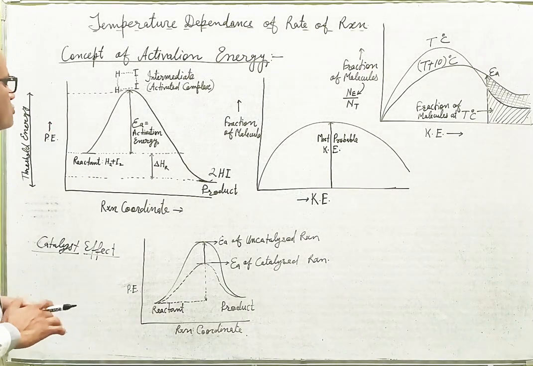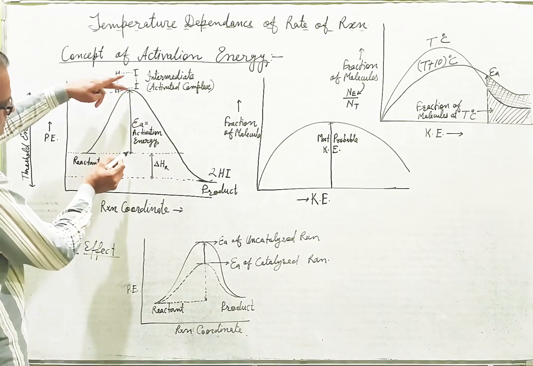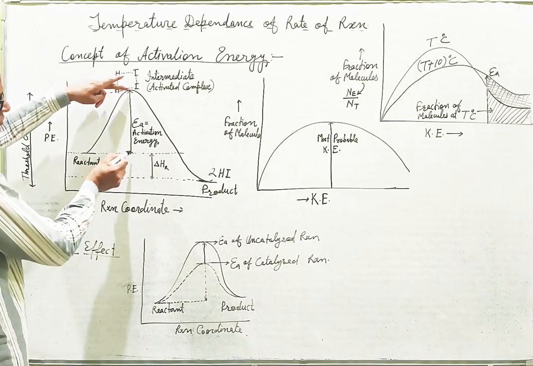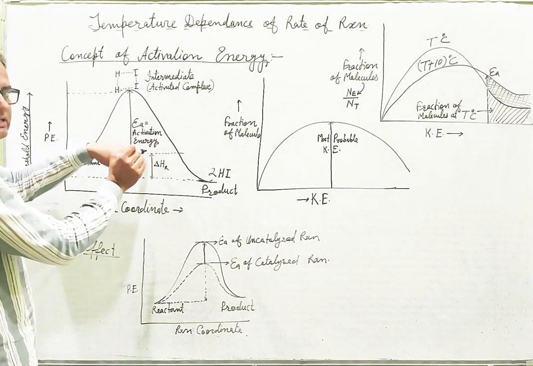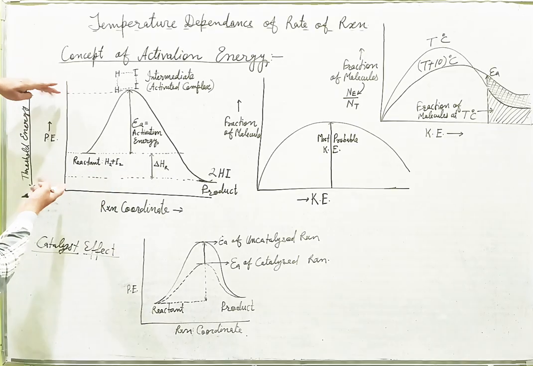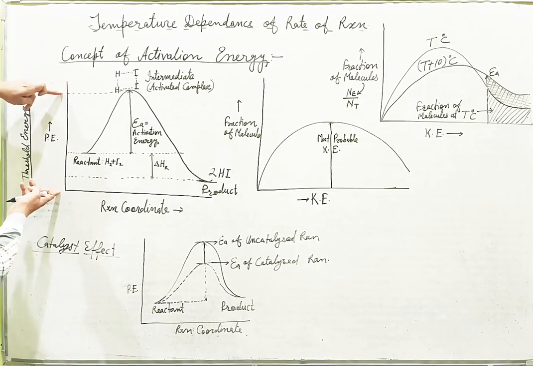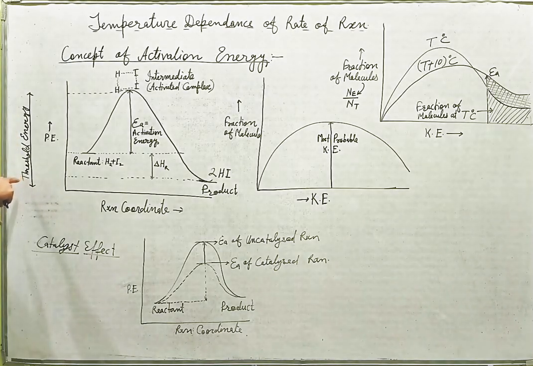This much extra energy required for the reactant to convert into product is called activation energy. At this level, the total energy of the reactant is called threshold energy.